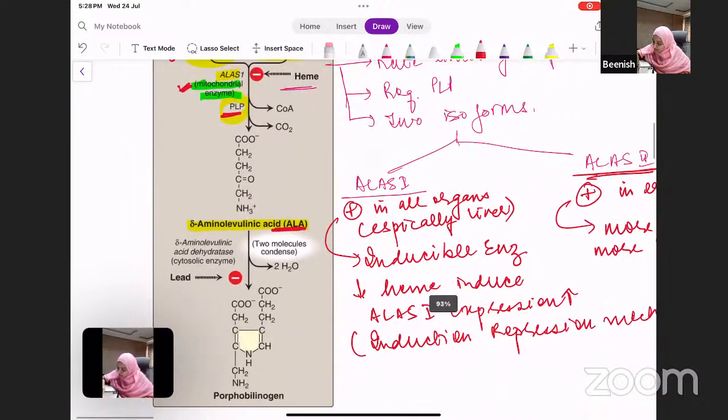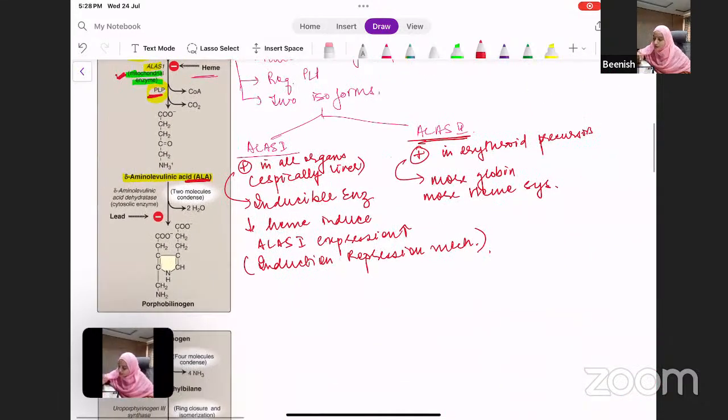This enzyme has two isoforms. ALA synthase 1 is present in all the organs, especially the liver. It is an inducible enzyme. If heme levels are low in the body, its expression is going to increase. And synthase 2 is present in erythroid precursor cells.